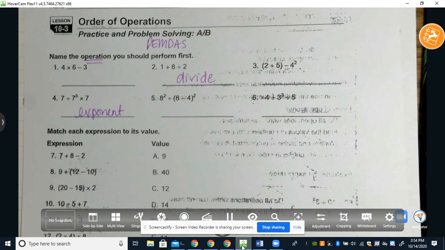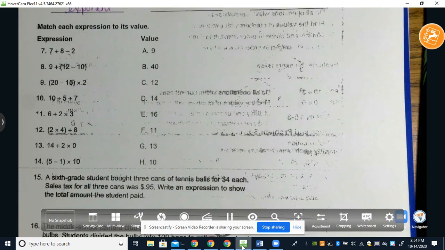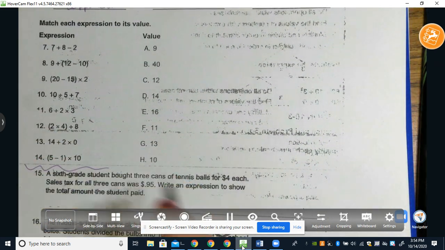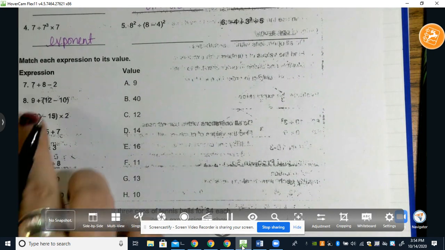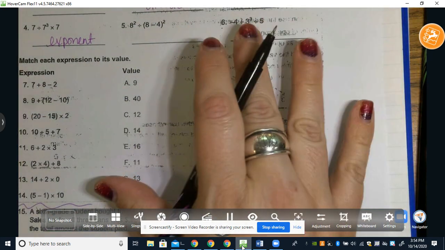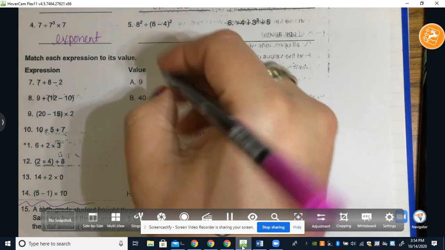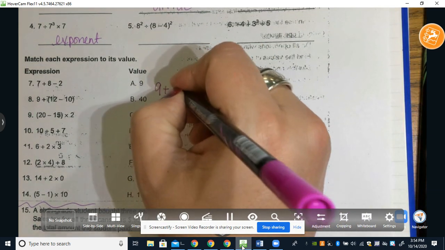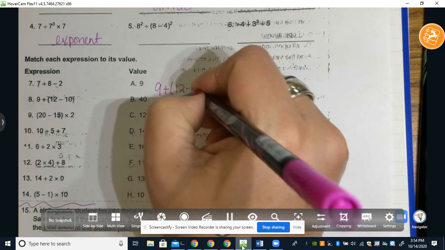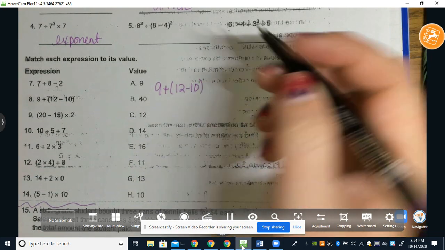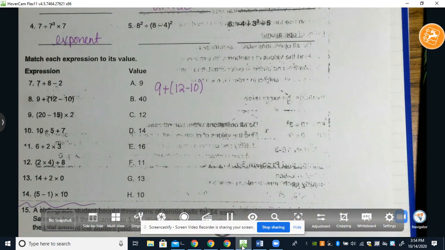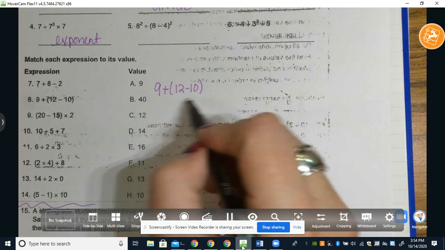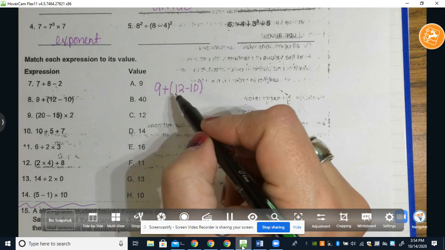All right. Now, remember you have the bottom part until 14 even for homework. And let's look at number 8. So I'm going to do number 8 over here. I know my copy is a little messy. So 9 plus, in parentheses, 12 minus 10. Order of operations says I need to do what's in parentheses first.